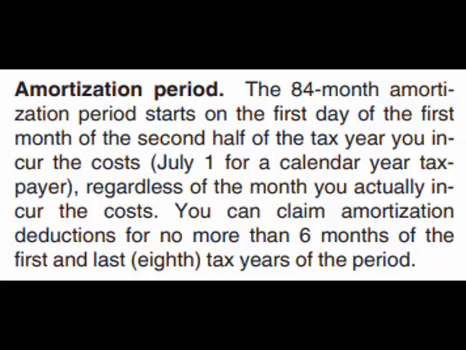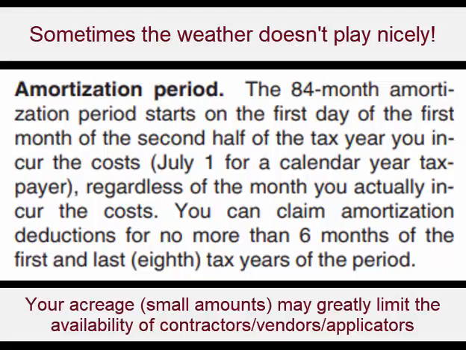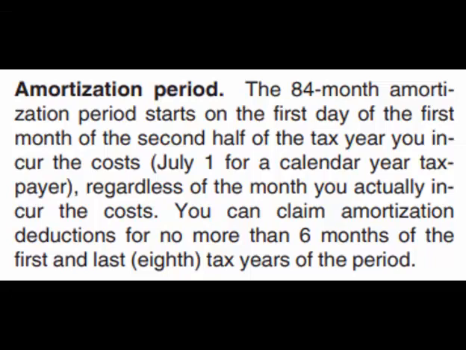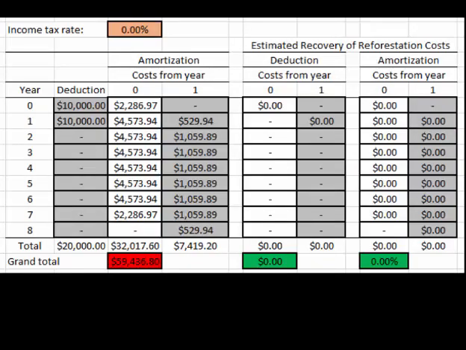So you may have to adjust your timing of operations to account for the availability of folks that can, as I said, do certain operations. And as we can see, it may become more and more difficult to find credible and available vendors, contractors, and applicators.